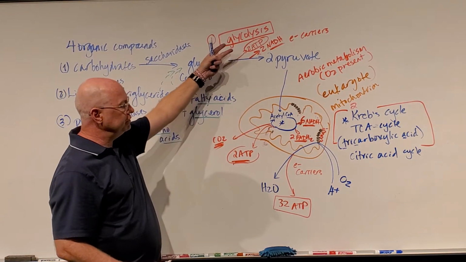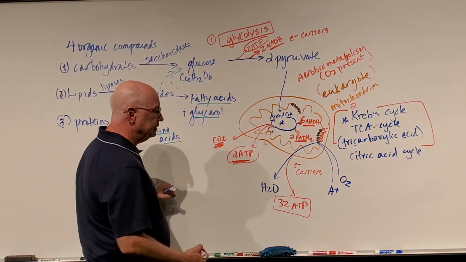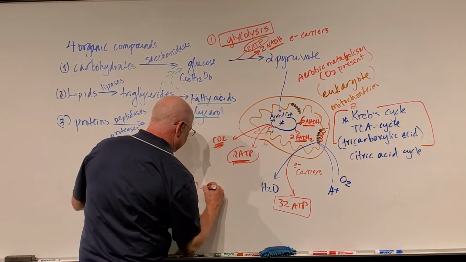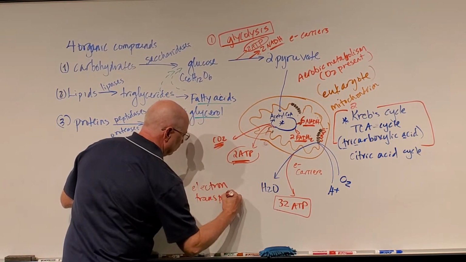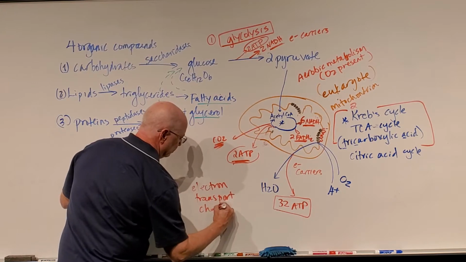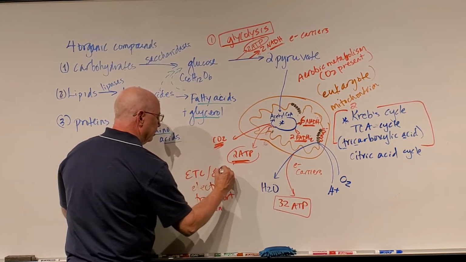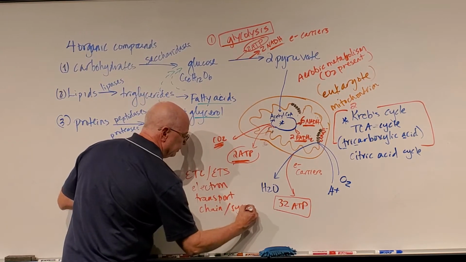2 in glycolysis, 2 more in Krebs cycle, 1 per pyruvate. And then this little process right here is called the electron transport chain. So some people call it the ETC, others call it the ETS, and we can change the word chain for system.